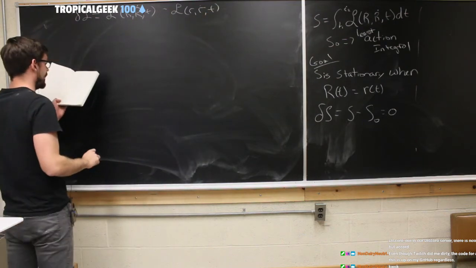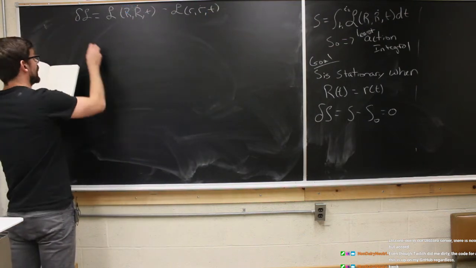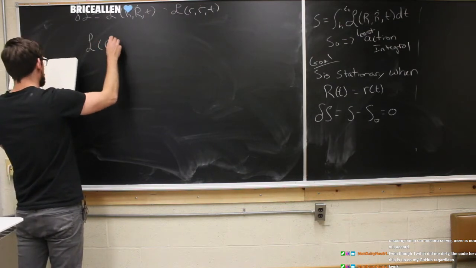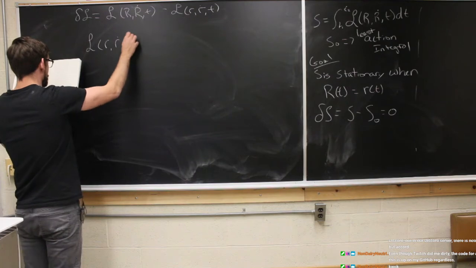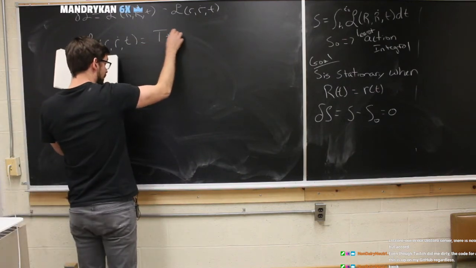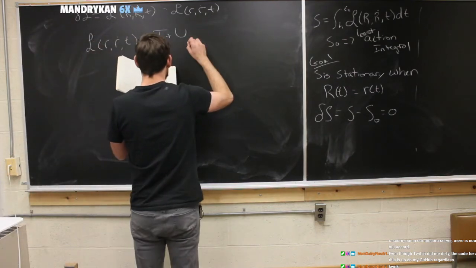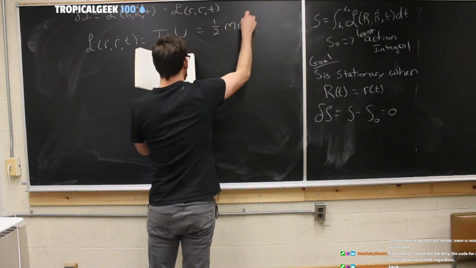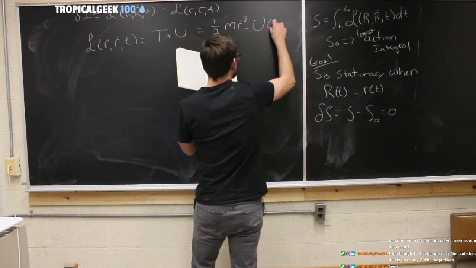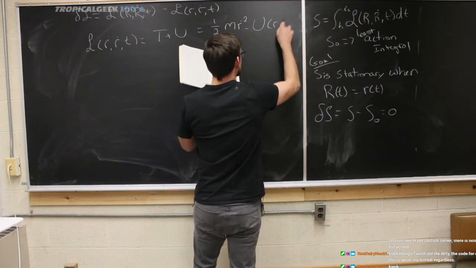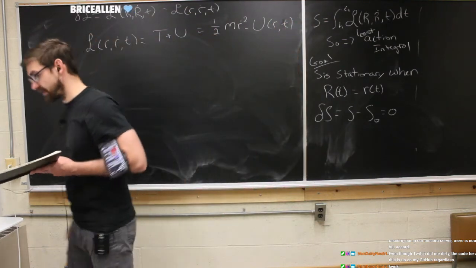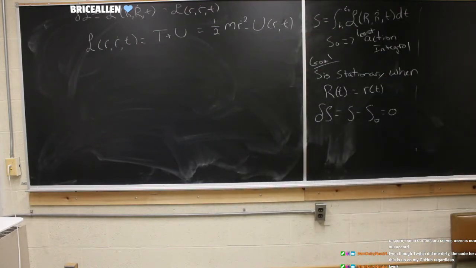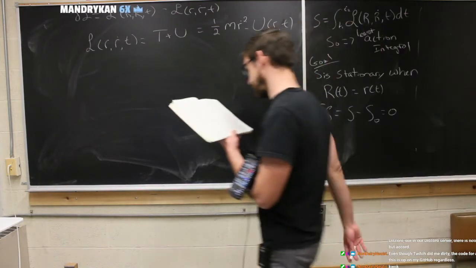And we should also note that the Lagrangian of little r, which is also written as T plus U, is equal to 1/2 m r dot squared minus some potential U of t. Okay, so that's just the Lagrangian, right? We established that at the beginning, that the Lagrangian is just T plus U.